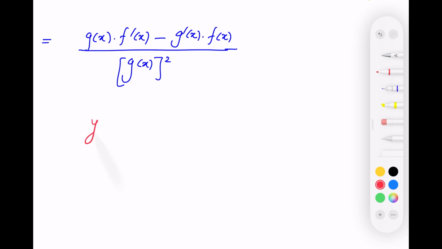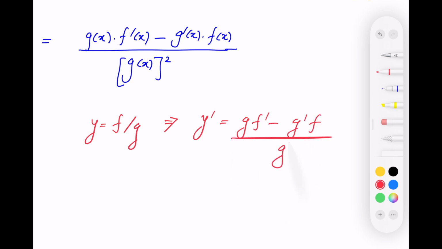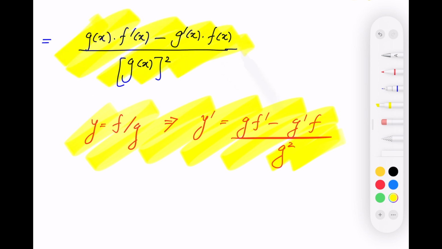When you have y equals f over g, we said y prime should be equal to g times f prime minus g prime f, all of that divided by g squared. When you write it like this, we are not specifying the variable. When you write it this way, we have specified that the variable is x. Alright, so that's a complete proof of the quotient rule.